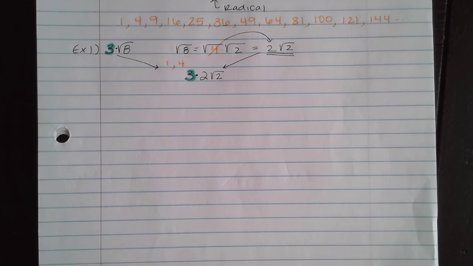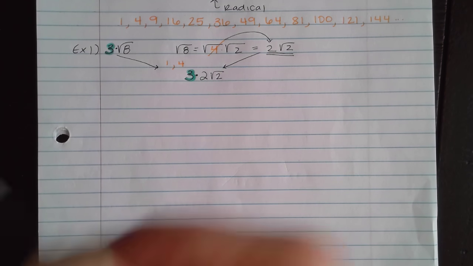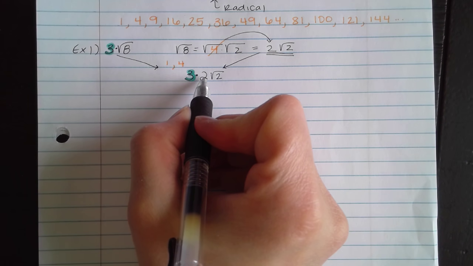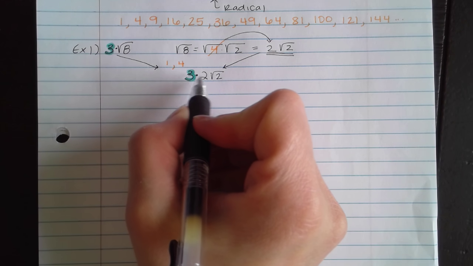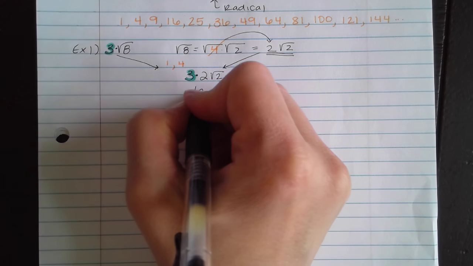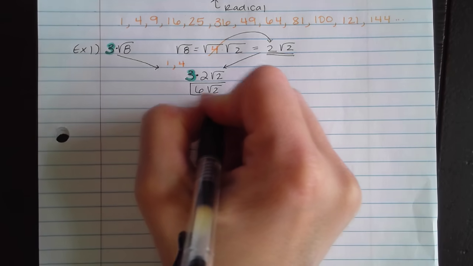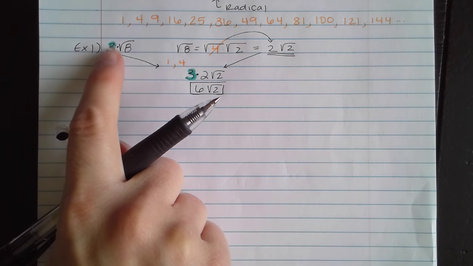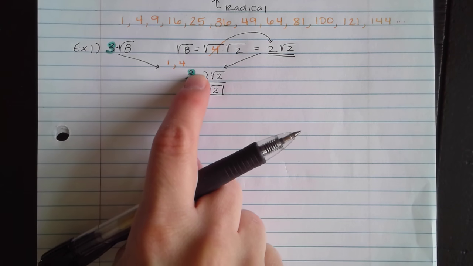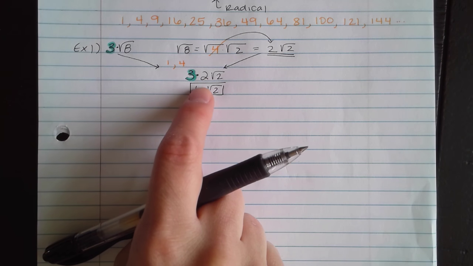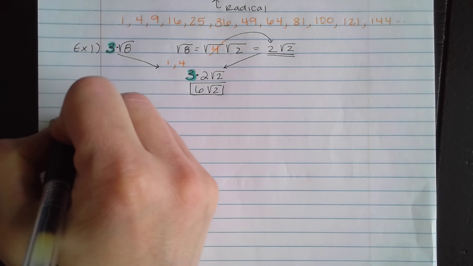Don't be the person that plugs in the x and says, oh, it's 32. It's 3 times 2, which is 6 roots of 2. So the only thing that coefficient did is you multiply it by your answer to get a new simplified answer here.